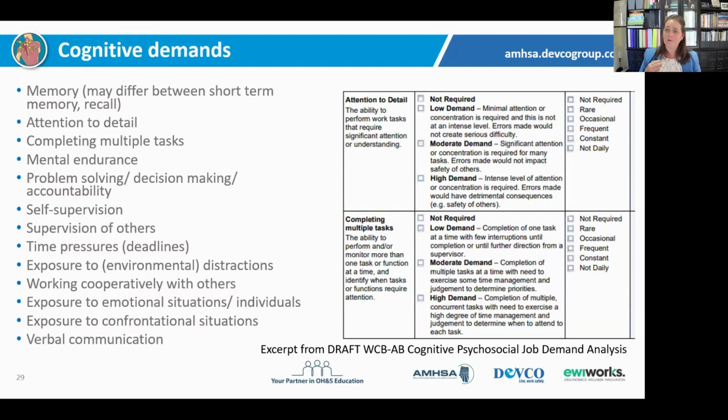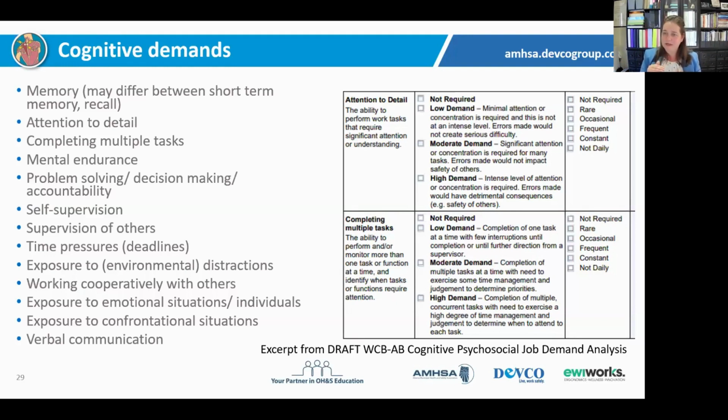So being able for the analyst to say, completion of one task at a time with few interruptions until it's complete, and then moving on to the next task, and just being able to differentiate between that and somebody who has to actually complete multiple concurrent tasks, and they need to be managing their time, they need to be managing their judgment, maybe they're supervising people who are also doing some of those activities.